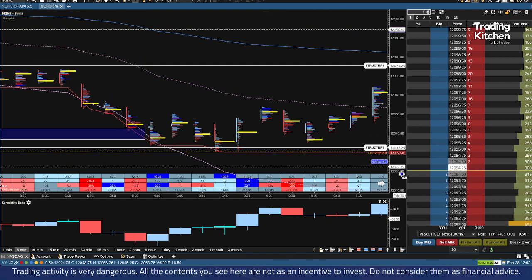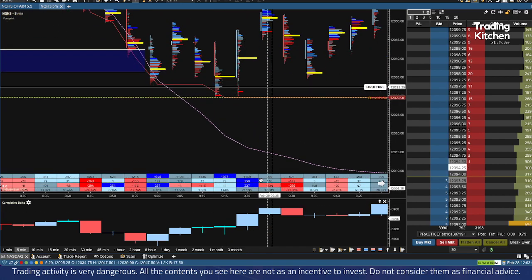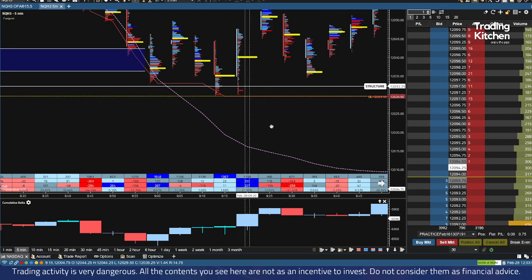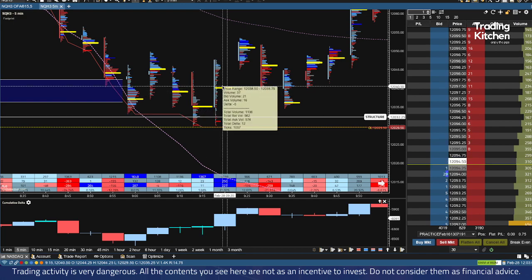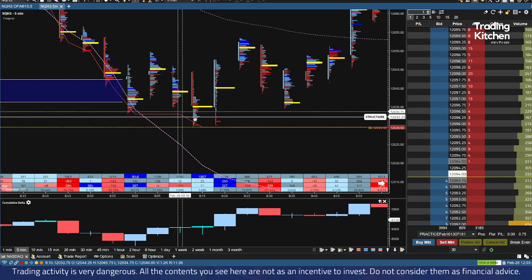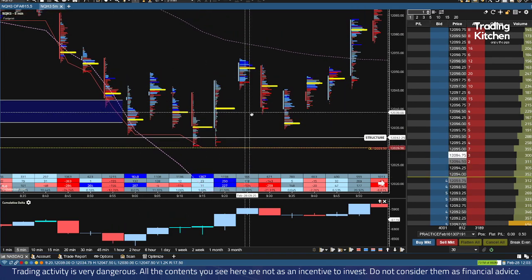For the same reason I told you before, because we have a strong amount of buyers entering the market. Okay, new switch of the POC. Usually price makes at least 2 switches of POC.